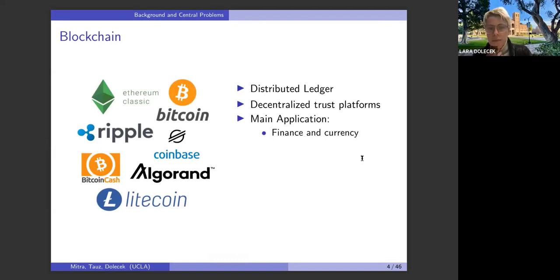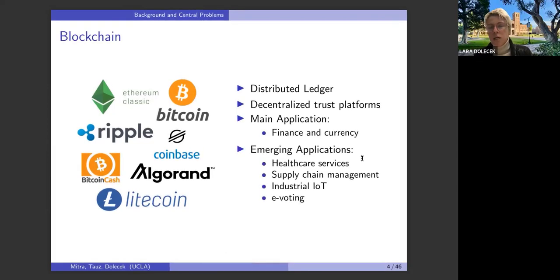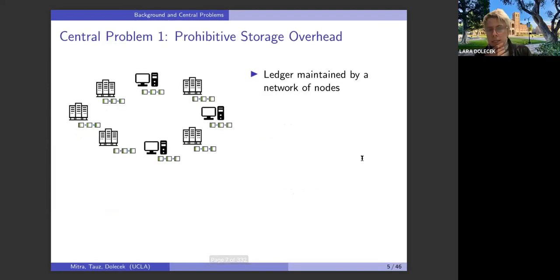Many applications have now been identified in finance and currency, and these are just one of a plethora of examples of cryptocurrencies for which blockchains is, of course, the prime technology. But now there's many other emerging applications that are using blockchain type architectures, for example, in healthcare services, industrial IoT, supply chain management, among others. And so let's now take a closer look at the two problems that we're going to present in greater detail today.